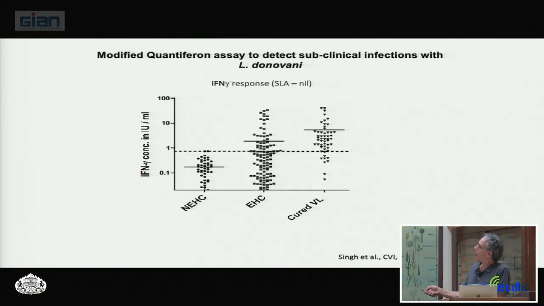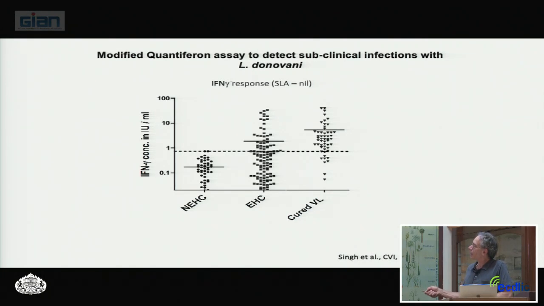Let's look at the positive controls: cured VL patients who had had visceral disease and an immune response to Leishmania donovani. The majority of them made a pretty good interferon gamma response.